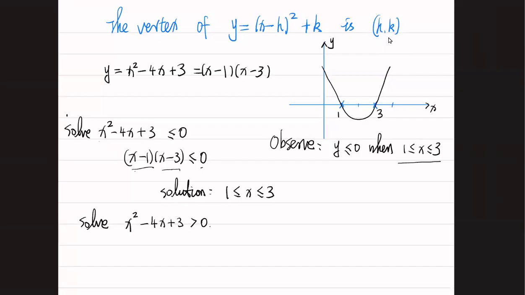Okay, I'll give you a few minutes to think about this. How do we solve this inequality using the graph? Enter your answer in the chat. I will check. How to solve this inequality by making observations on the graph. When will this be positive?